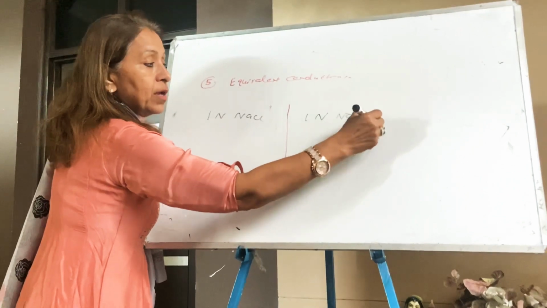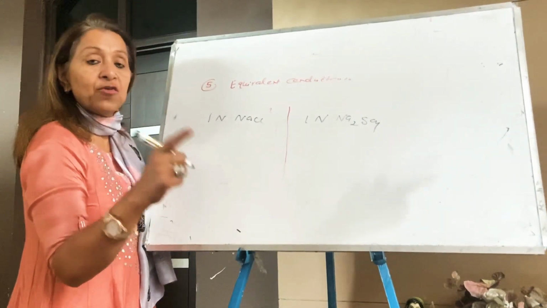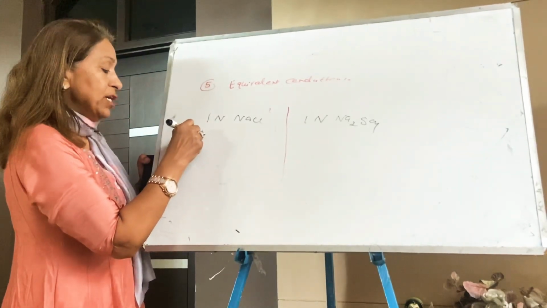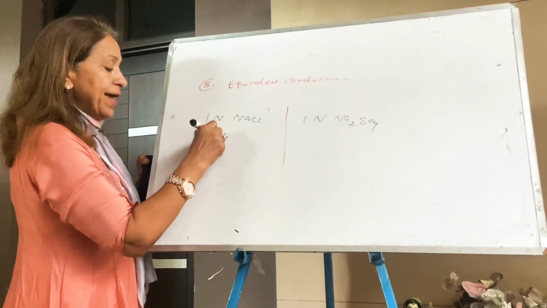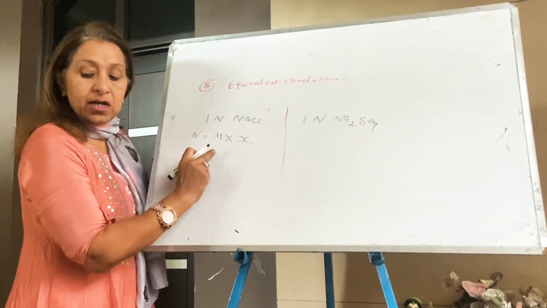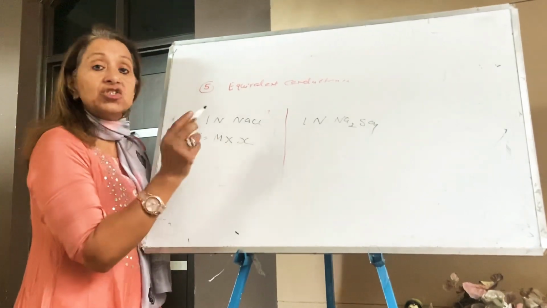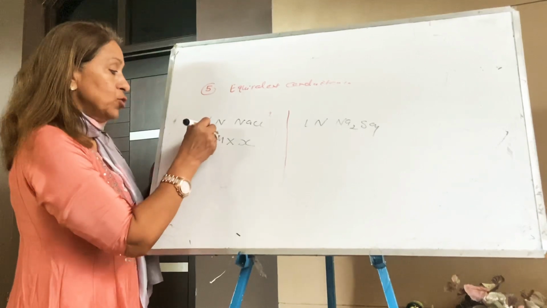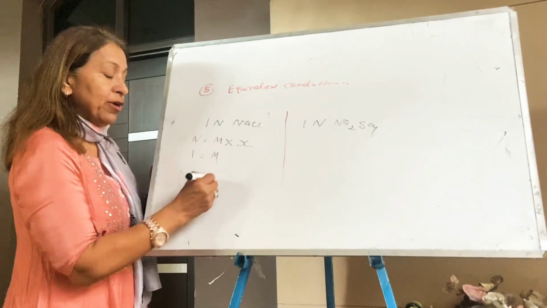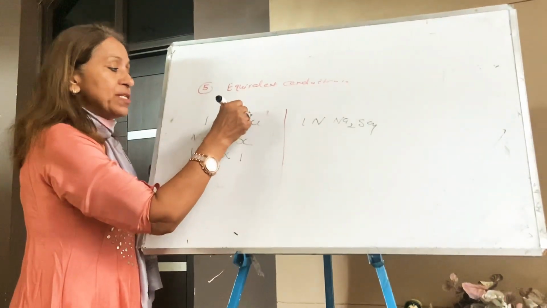If I take 1 N NaCl and 1 N Na2SO4 instead of 1 M, you know normality is equal to molarity into X. You know what is X? X is the charge on the metal. Here your normality is 1, and you want to calculate molarity. X is 1 because your sodium metal is carrying plus 1 charge.